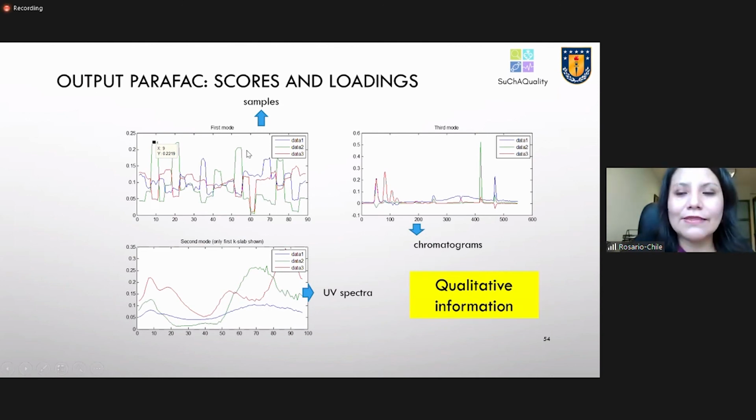Here I can see 3 components, blue, green, and red, and I can interpret this plot for each sample, looking at the signal here. We can see, for example, that this sample has a large concentration of component 2, but low of component 1 and component 3. But this other sample has low content of component 3, and less of component 2 and 1.